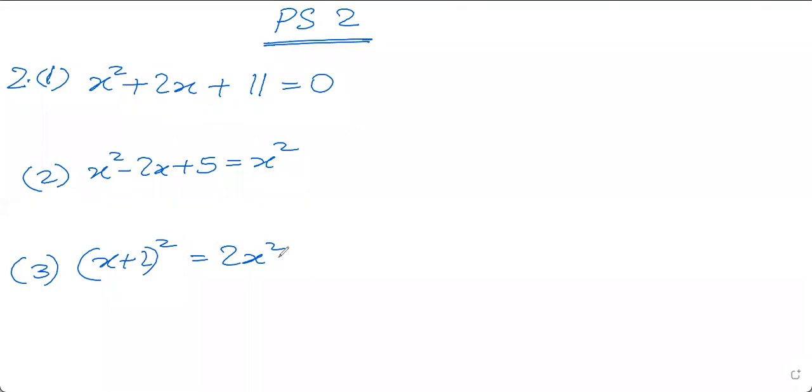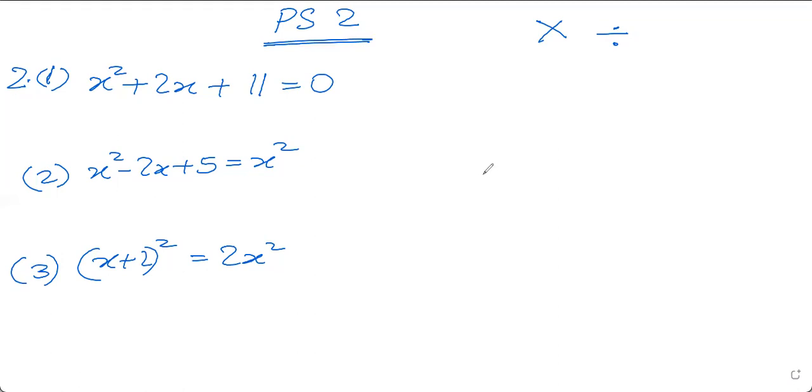We have to simplify the equations so that there are no multiplications or divisions. What are we going to do? We are going to remove all multiplications and divisions from the equation. Once we are left with only terms adding and subtracting, then we can decide whether it is a quadratic equation or not.